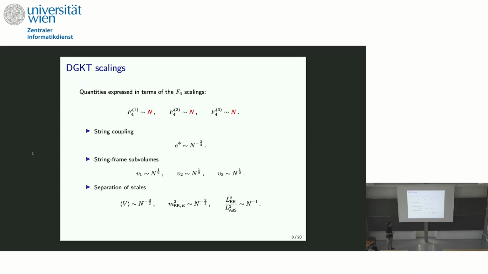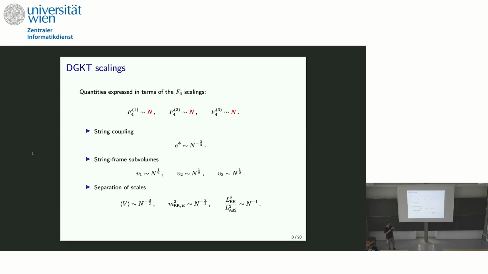And then somebody can calculate the scaling of the potential VEV, the scaling of the KK masses in Einstein frame, and this ratio, which tells you that for large values of n, there is a decoupling between those two scales, and you are in the scale-separated regime. Something that we should point out here is that if we look closely at the vacuum expectation value, we know that n is unbounded, and it takes integer values.